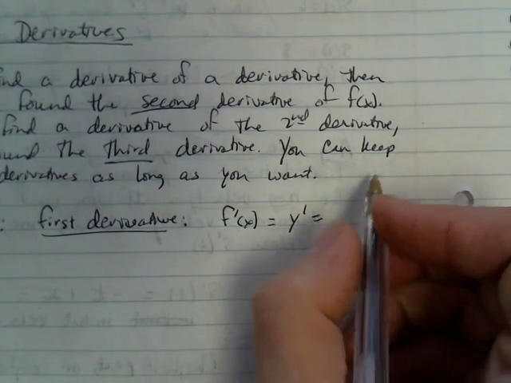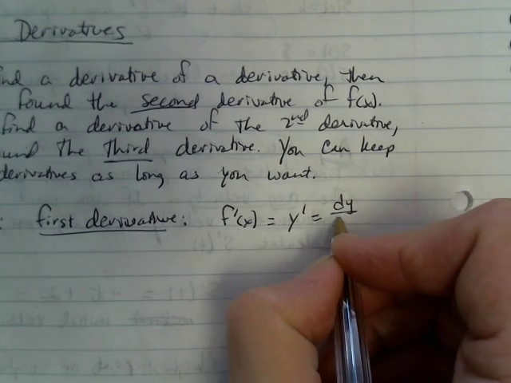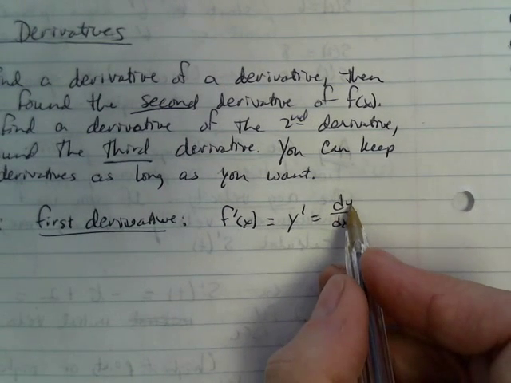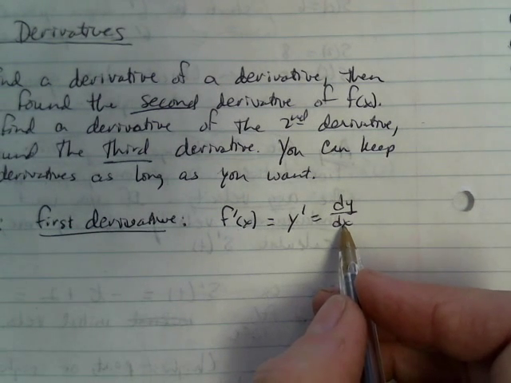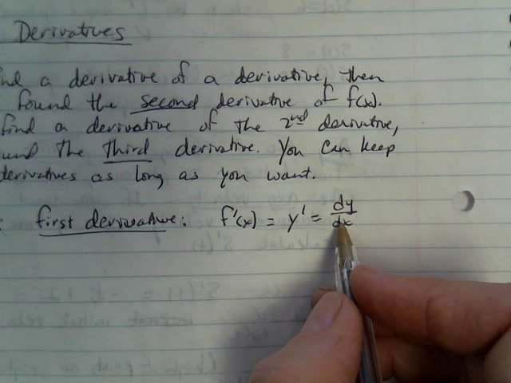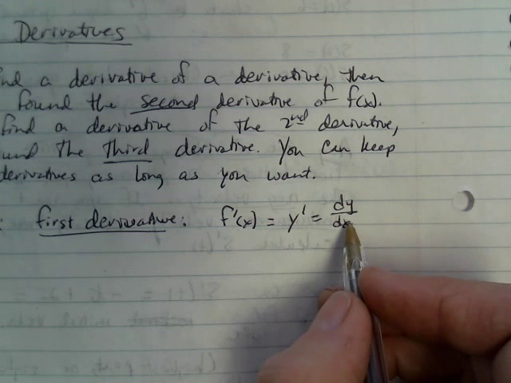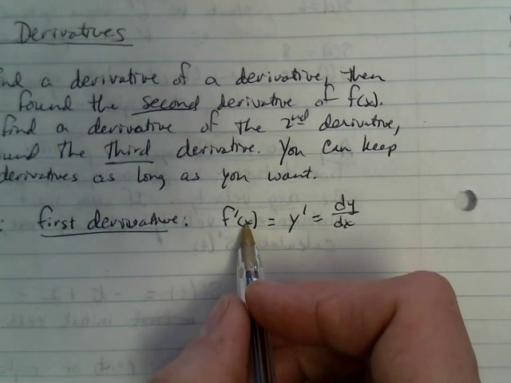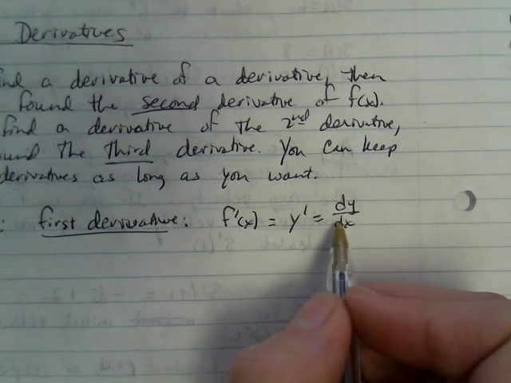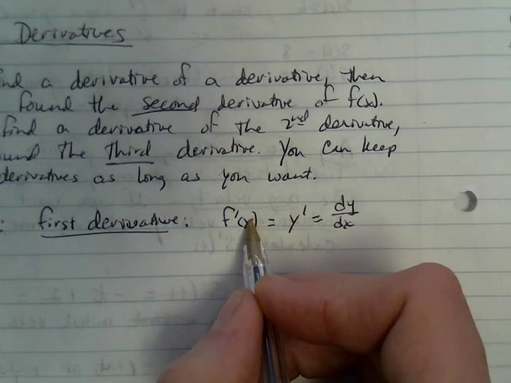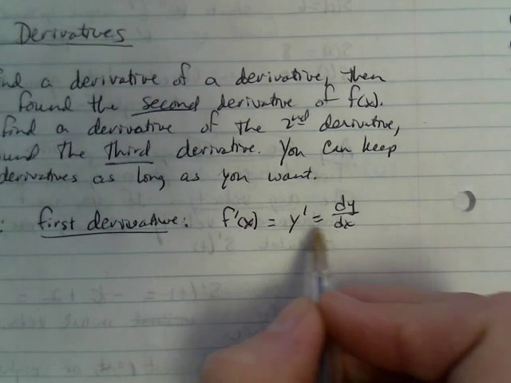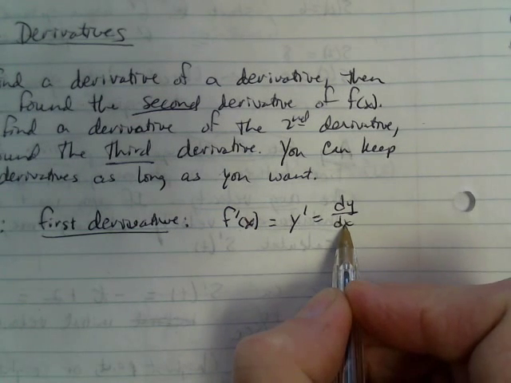And sometimes we've called it dy over dx, which is the change in y with respect to the variable x. Or sometimes it would be dy dt. It depends on what the variable is. But if the variable is x, you're taking a derivative with respect to x, so the variable here has to match the variable here.